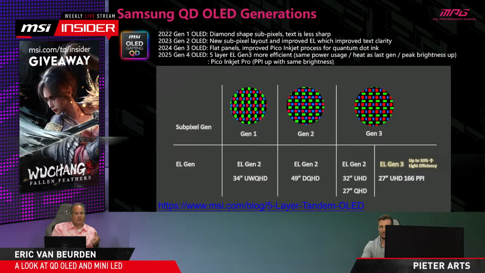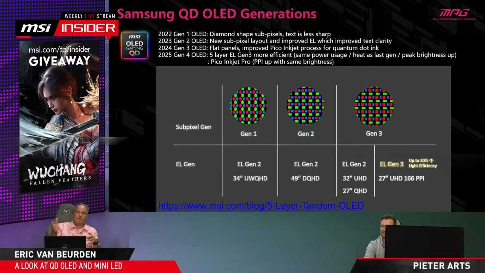With the second generation in 2023, they have a new sub-pixel layout with an improved EL, electric luminance, technical stuff. So they use that to improve the text clarity.